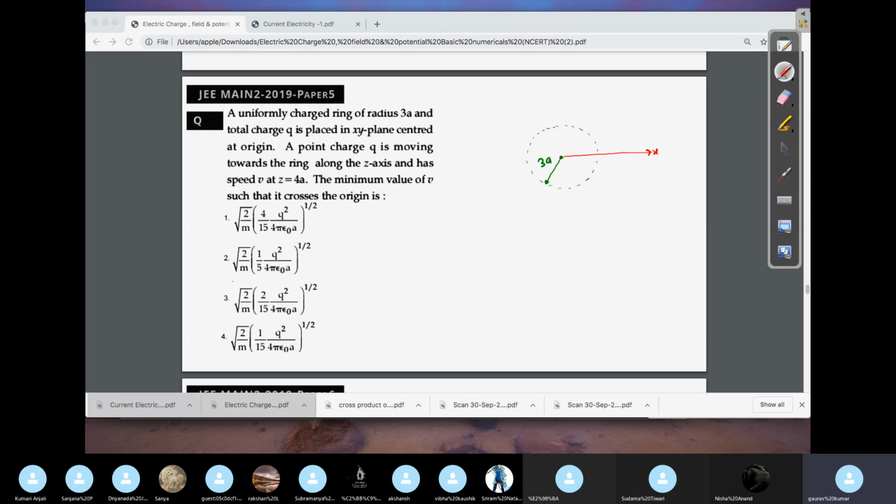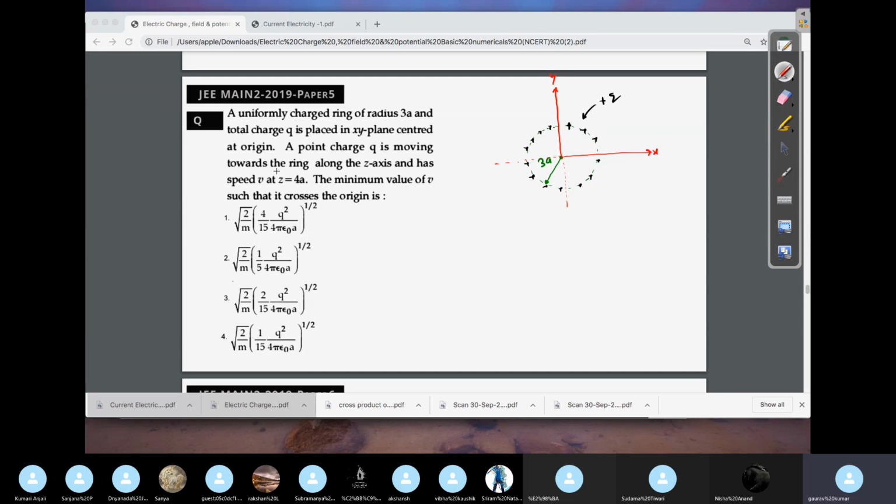You have the x-axis here, and here you have the y-axis. A uniformly charged ring of charge q. Okay, the charge is given as q. That means q is uniformly spread over the circumference like this. This total charge is given as plus q.